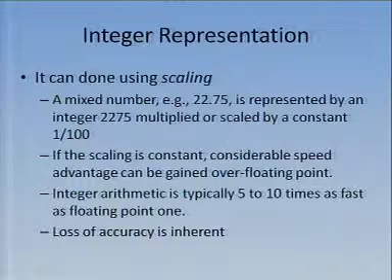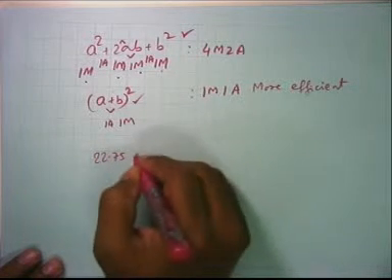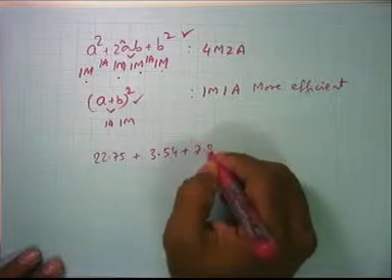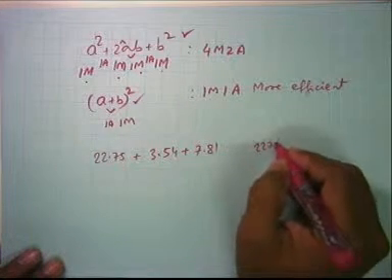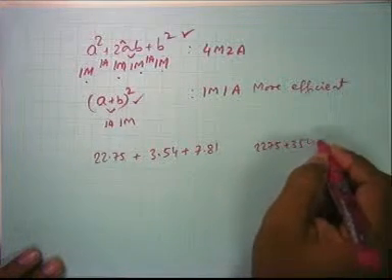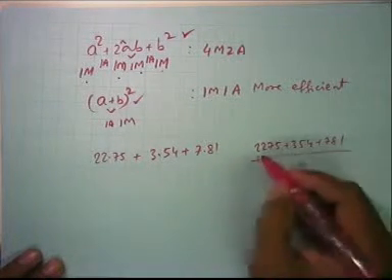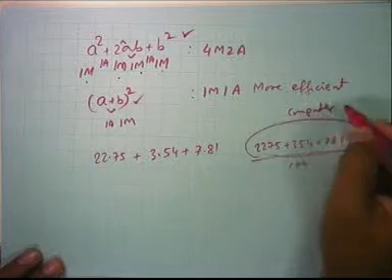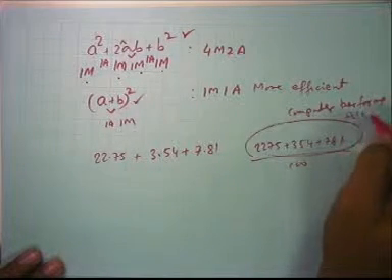Suppose I have to do these calculations, say go to the page again, 22.75 plus 3.54 plus 7.81. I will say that these are all scaled, so I will just add the integer numbers and later on divide by 100. The computer will do these calculations; the computer performs this very fast.